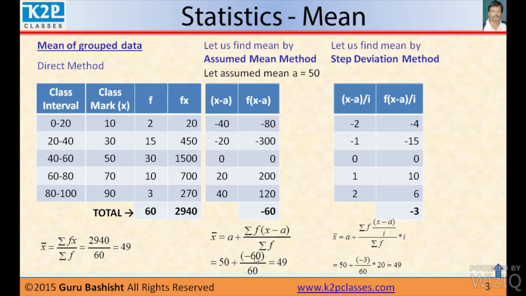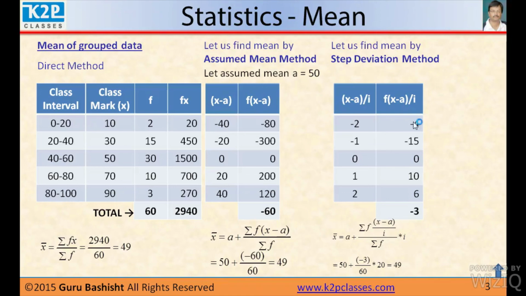Here it is 10 to 90, so everywhere the common factor is 20. Why is the common factor 20? Because we are multiplying by this. And why is it 10, 30, 50? Because we are taking the middle one. So here, we are just taking this h out from each expression.